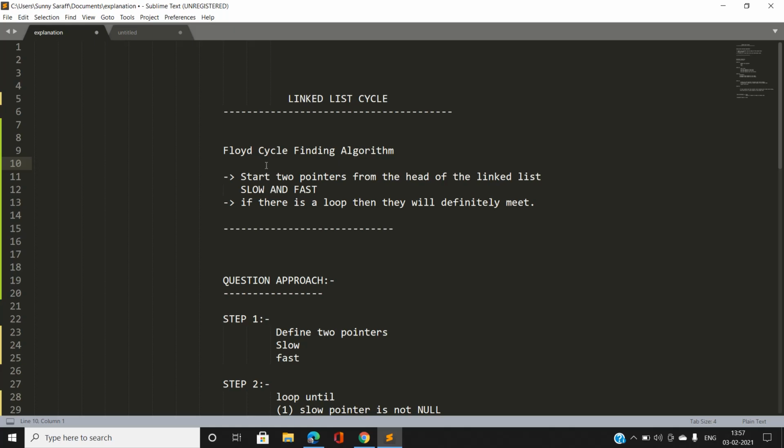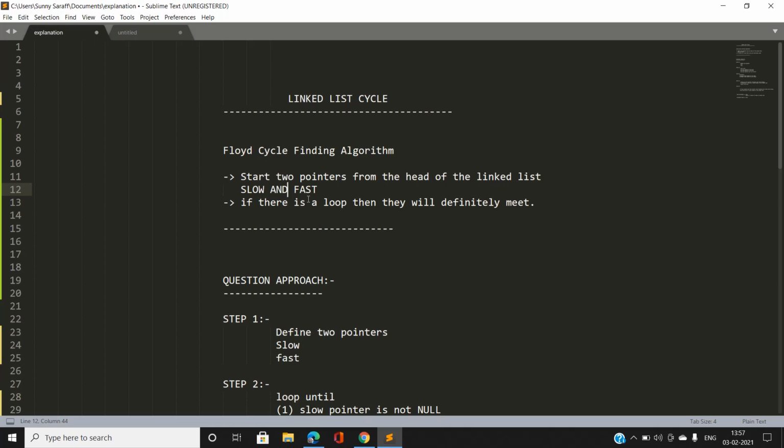What we are going to do in this case is take two pointers, slow and fast. We assign both slow and fast to the linked list head, and each time we increment slow by one move and fast by two moves.